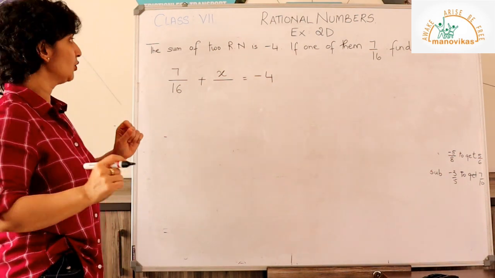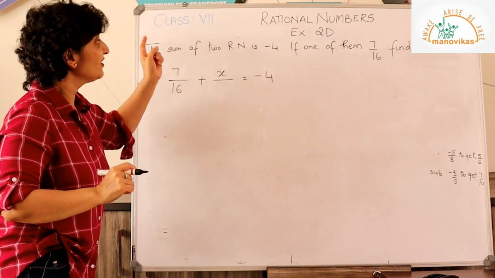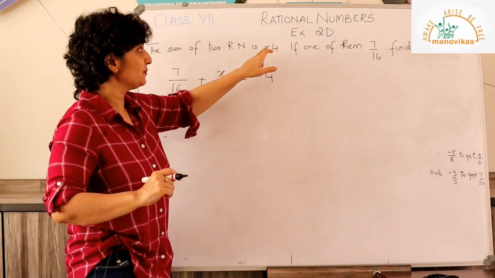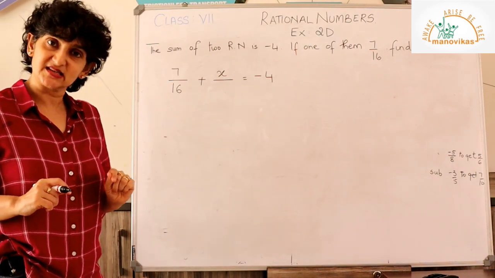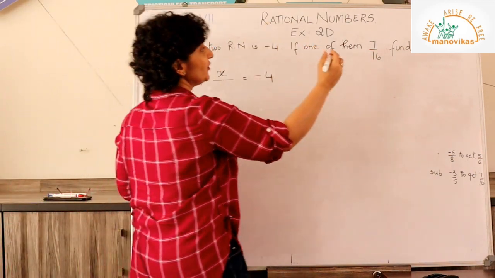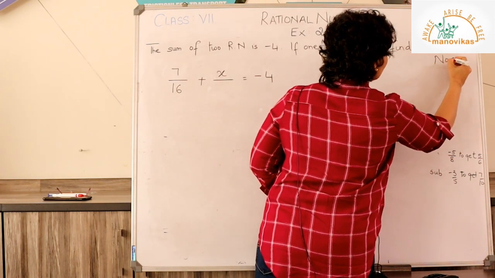The other way you can do is, always remember, when you have the sum of two numbers as minus 4, and one of them is 7 upon 16, now I need to find the other number.